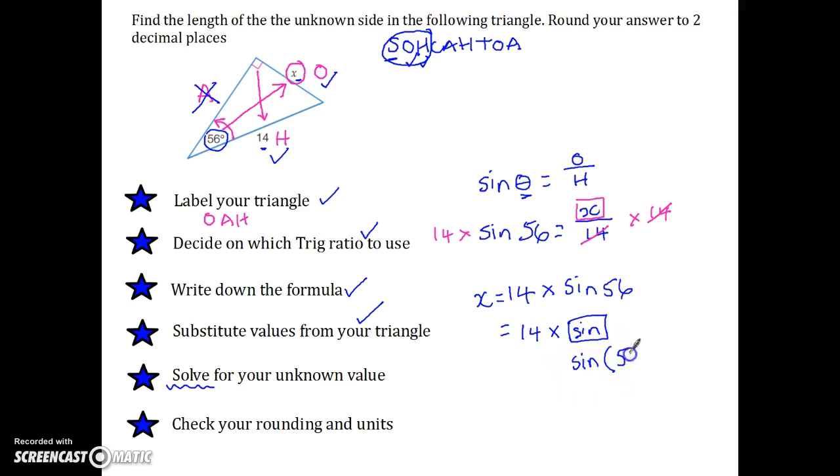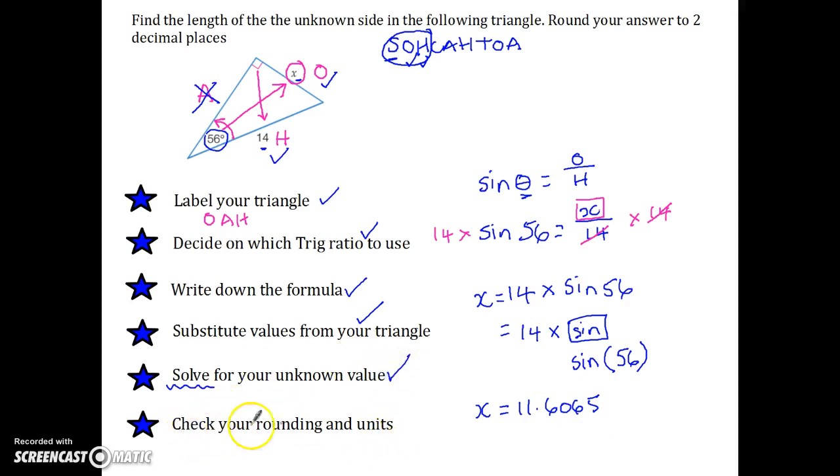Just put your 56 in there and then close your bracket and press enter, and you should get that x is 11.6065, etc. Solve for the unknown value. Done.